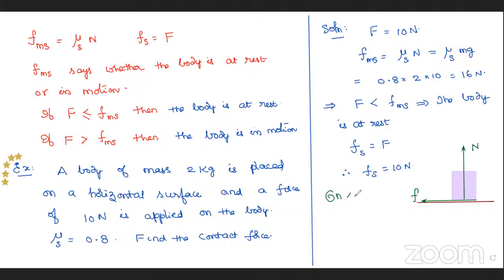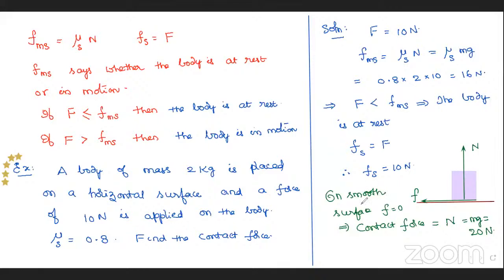So on a smooth surface, friction is not there, sir. Friction is zero. In the laws of motion chapter, we said contact force is equal to only the normal reaction. Normal reaction on the flat surface is equal to mg downwards. That mg is equal to 2 into 10, that is 20 newtons.